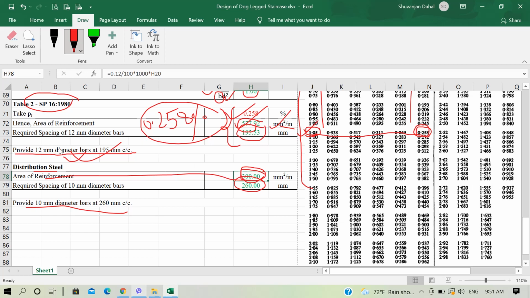So here, before ending, we got our main reinforcement bars to be 12 mm diameter set, 195 mm center to center. Remember that this is just our first trial, and you cannot be sure that you will get an optimized section in the first trial itself.